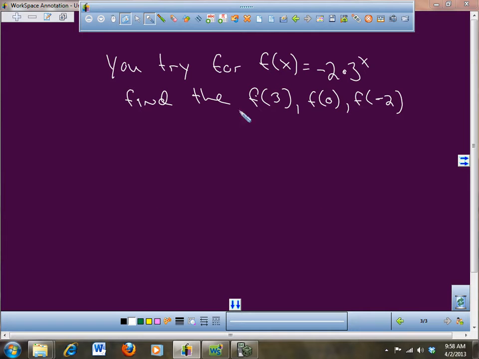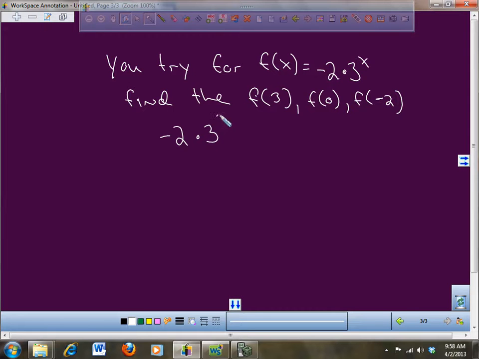So f of 3 is negative 54, and the way she got that is negative 2 times 3 to the 3. Remember, we do our exponents first, so 3 to the third is 27, and negative 2 times 27 is negative 54. Okay? Not so bad.